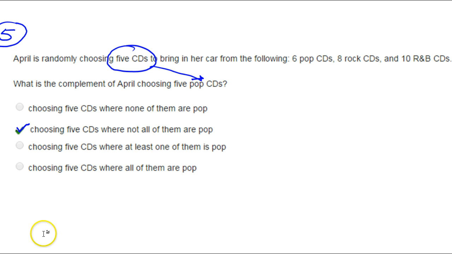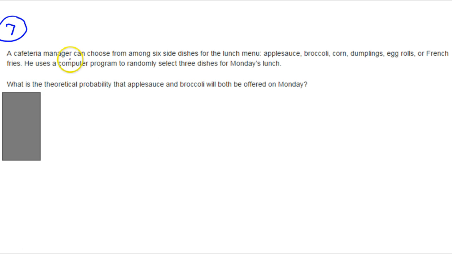What do you know? A cafeteria manager can choose from among 6 side dishes. All right, we have 6 side dishes for the lunch menu. Applesauce, broccoli, corn, dumplings, egg rolls, or French fries. Let's see. Oh, I see what they're doing here.